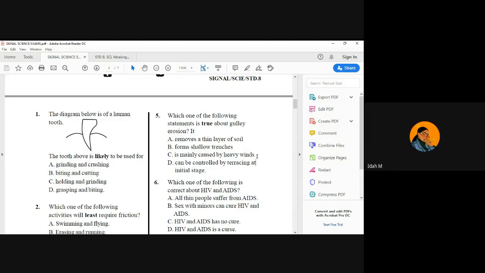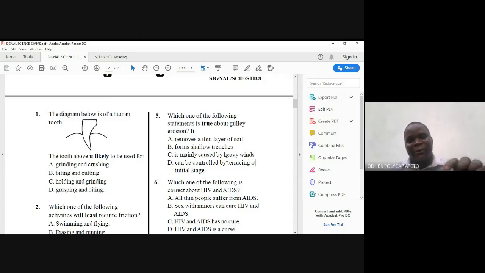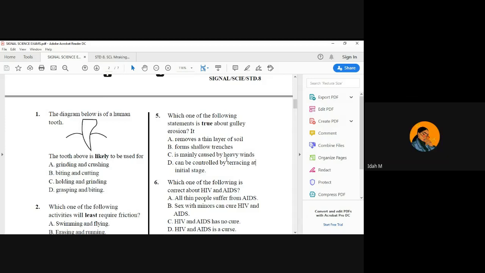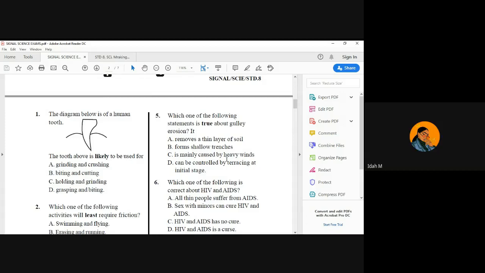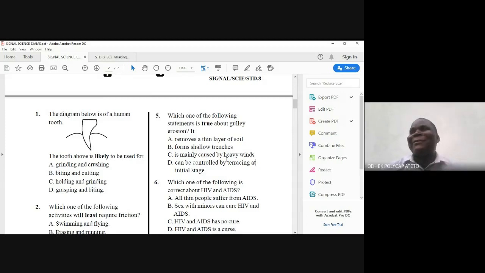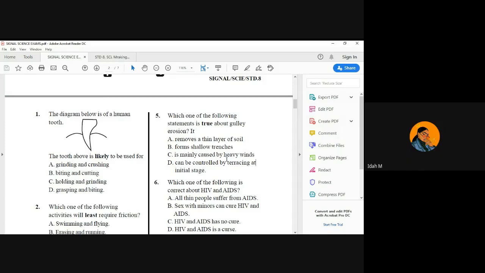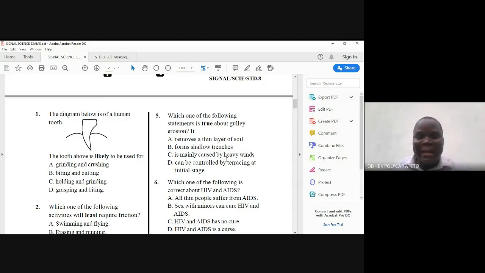Then C: it is mainly caused by heavy winds. Also sheet erosion. Okay, so automatically you see, once you have already given choice A, B, C their names, then even if you don't know D, automatically D is the answer. True or false? True. And tell me why D is the answer, because I know some people are going to ask. Can be controlled by terracing at initial stage. That's their meaning. Before it gets to gullies, it will be first rills. Very good, girl.